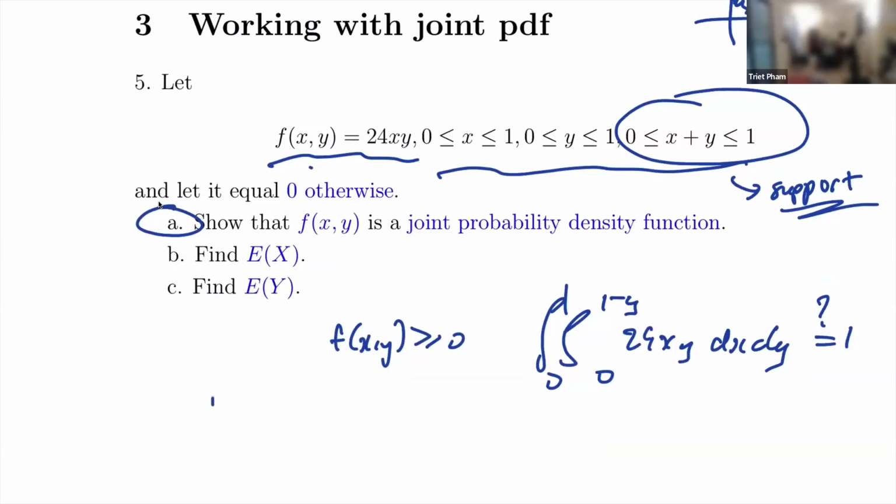So B and C, I'll just leave it for you to figure out. But let's ask this: for B and C, what's the quickest way to do it? The quickest way is just to use the joint density.